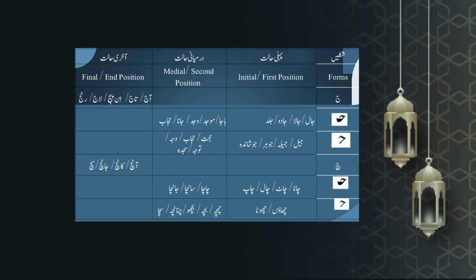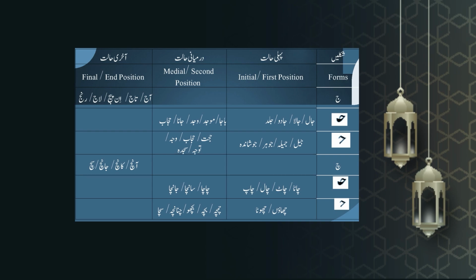Okay, so we have learned about short forms of this group. We have here Jim. Every alphabet belonging to this group has only 3 forms, 3 shapes: 1 full form, 1 full shape, and 2 short forms, 2 shapes.